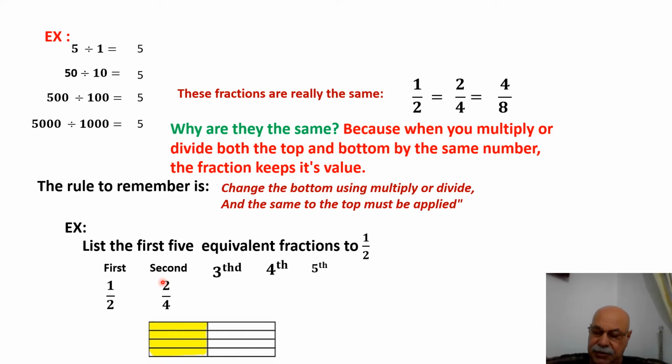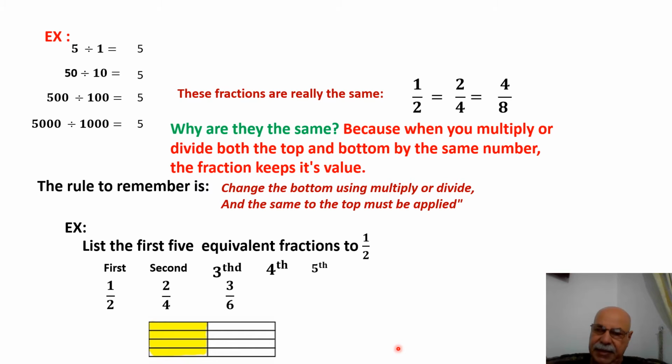The second fraction is 2 over 4, because when I multiply 1 by 2, it gives me 2, and when I multiply 2 by 2, it gives me 4. This is the rule: if you multiply or divide the numerator and denominator by the same number, you get the same value.